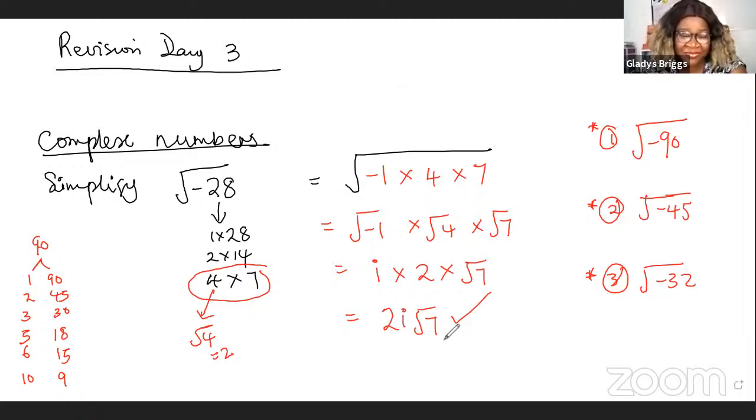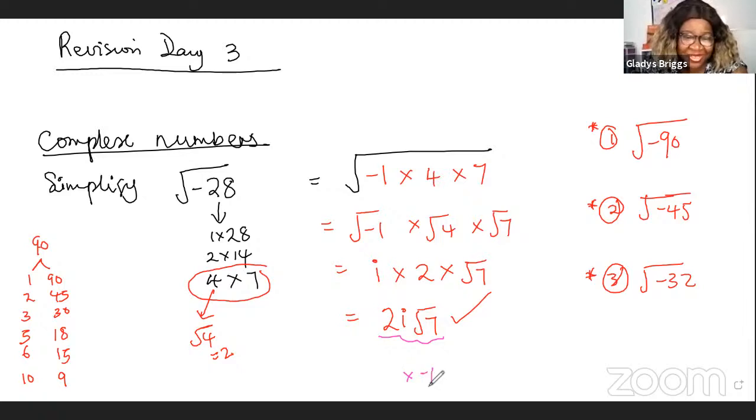So this is going to be the square root of 2 times the square root of -1. I'm sorry, no, 2 squared. I don't even know what I'm doing.